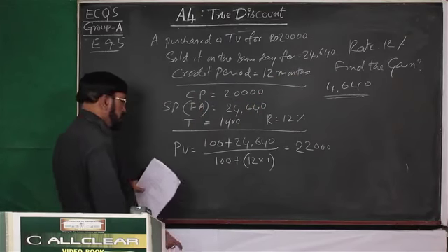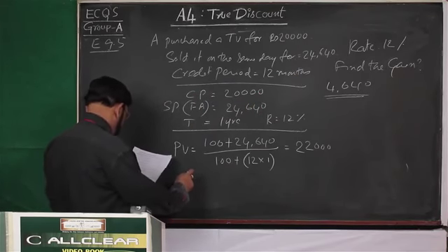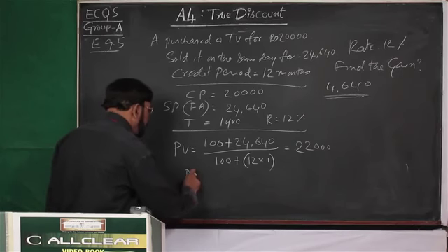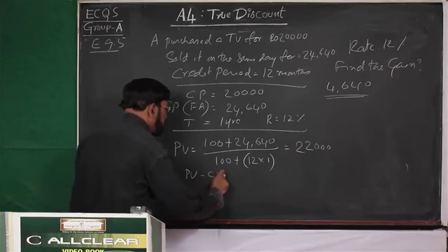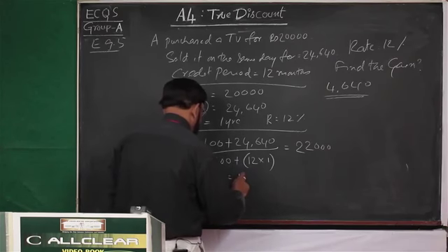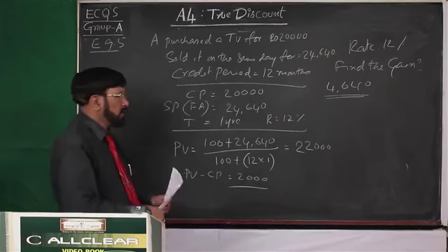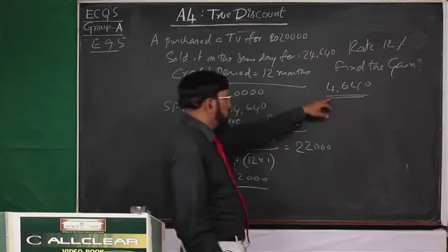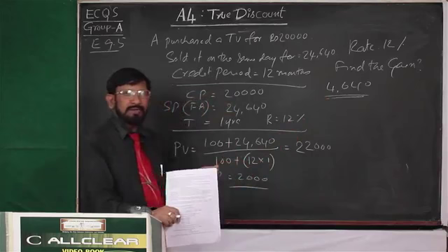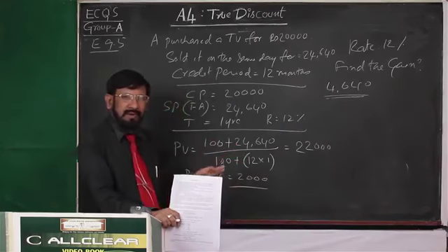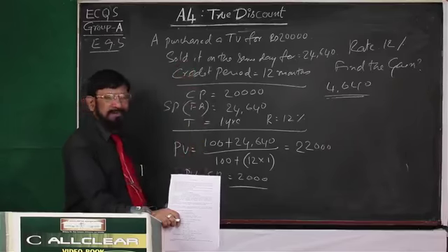So the net gain is PV minus CP, that comes to 2,000 rupees. In this way we have to calculate. The prima facie figure is not the realistic profit. This 2,000 is the real gain that A gets.